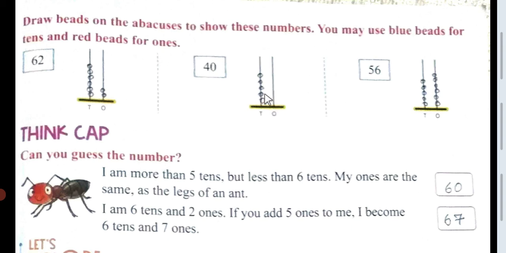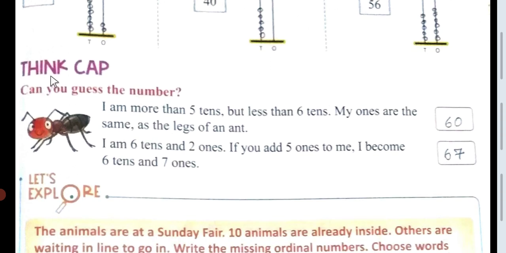How many beads do you have to draw? 1, 2, 3, 4, and you have to color these tens beads with blue color. Here is 56, 1, 2, 3, 4, 5, and 1, 2, 3, 4, 5, 6. So the tens you will color with blue and the ones with red.